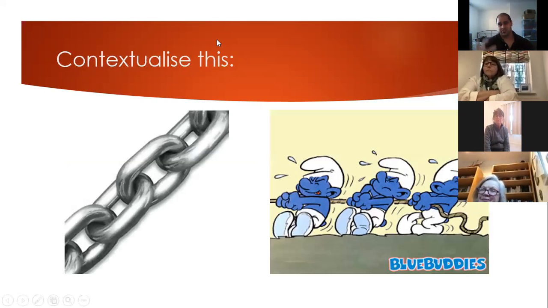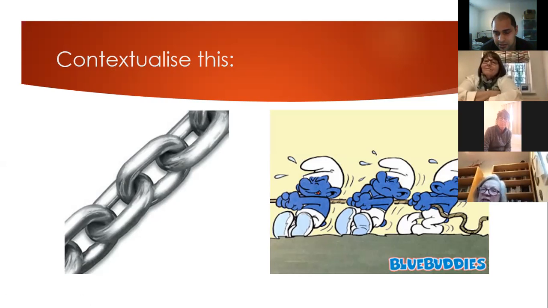Now, I'm just going to stop for a second, and I just want to see if anyone can contextualize these pictures I've just put up. So does anyone understand what these pictures are meant to represent? So I'm going to give you just a minute or so just to have a look and see if you can understand these pictures or what this has in relation to what I'm talking about. There's no weak link.